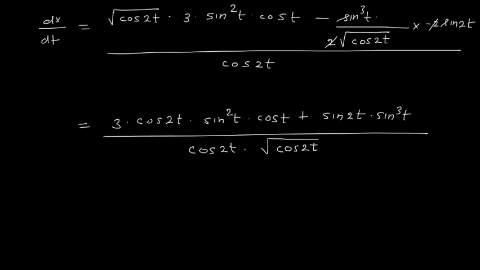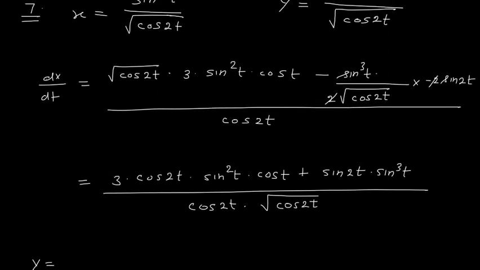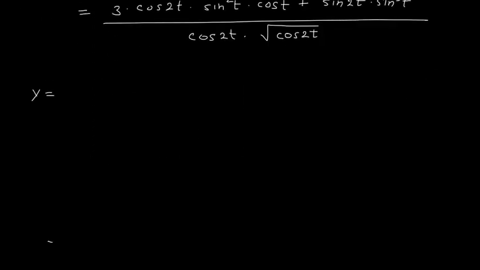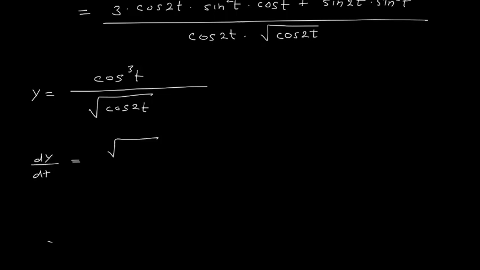Now let us write what y is. So y is equal to cos cube t divided by root of cos 2t, square root of cos 2t. Now we differentiate, dy upon dt. So this is root of cos 2t into, we differentiate the u part, which is 3 into cos square t into the derivative of cos t, which is minus sin t.